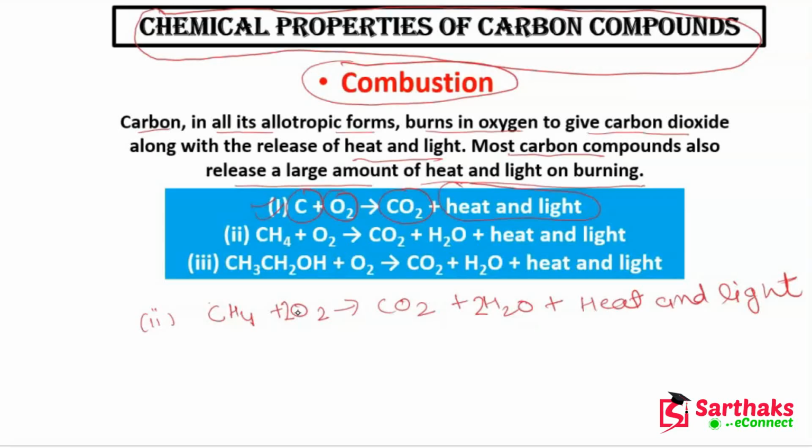Carbon is 1 here and 1 there, hydrogen is 4 here and 4 there, and oxygen is 4 on the right and 2 plus 2 is 4 on the left. I hope this equation is clear.